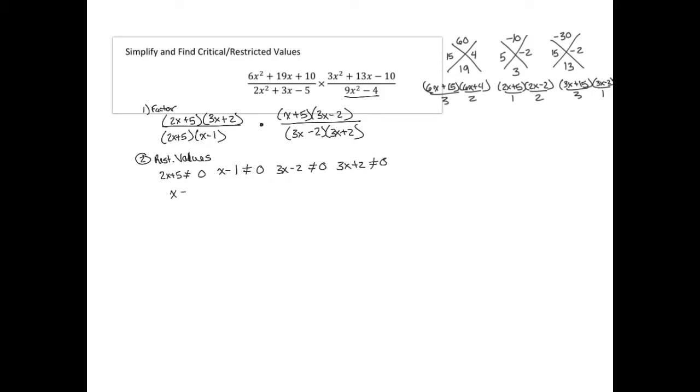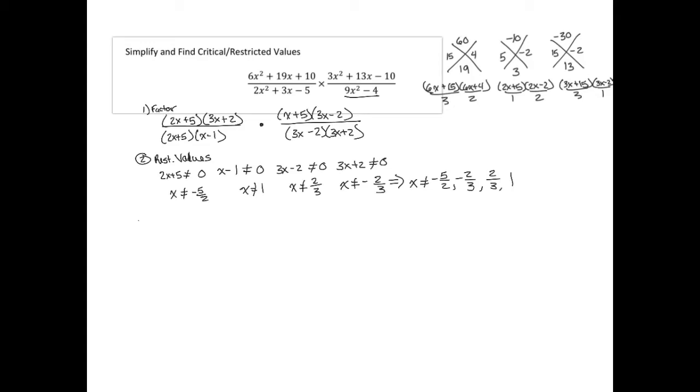So this gives us x cannot equal negative 5 halves, x cannot equal 1, x cannot equal 2/3, and x cannot equal negative 2/3. So again, we want to go from least to greatest, so overall x cannot equal negative 5 halves, negative 2/3, 2/3, and then 1.